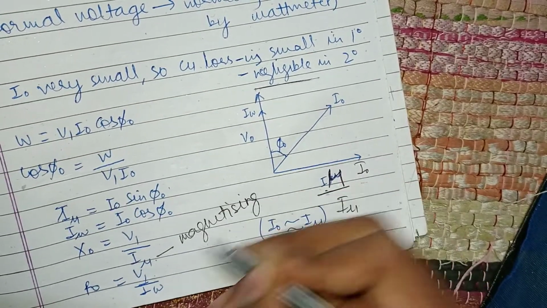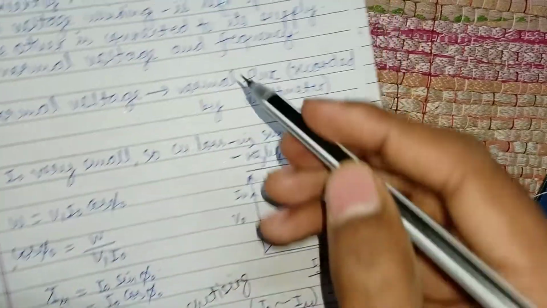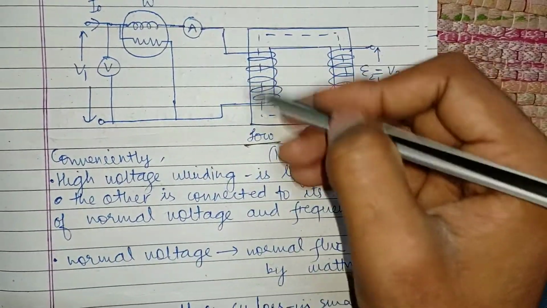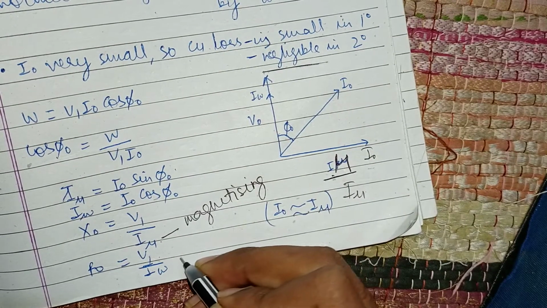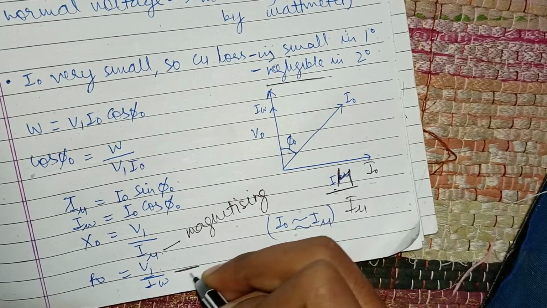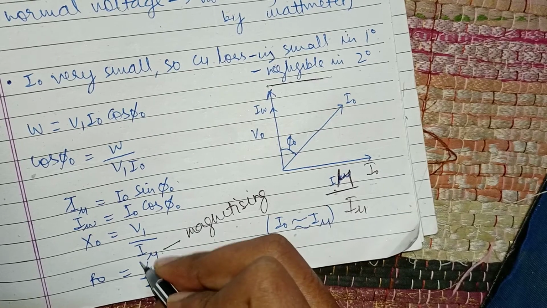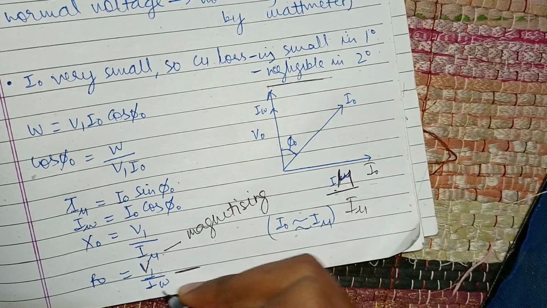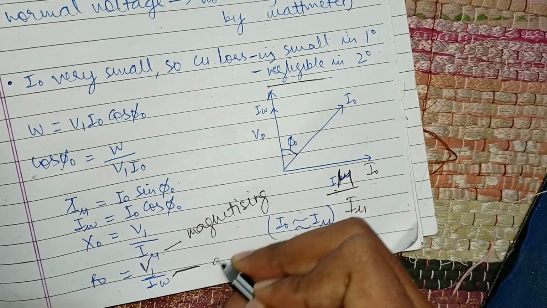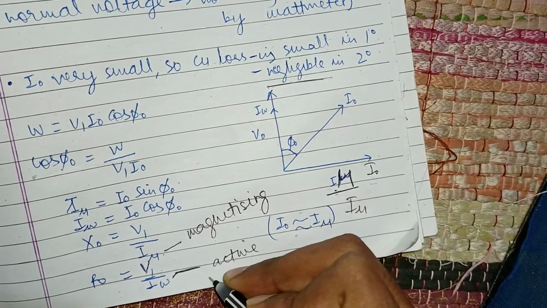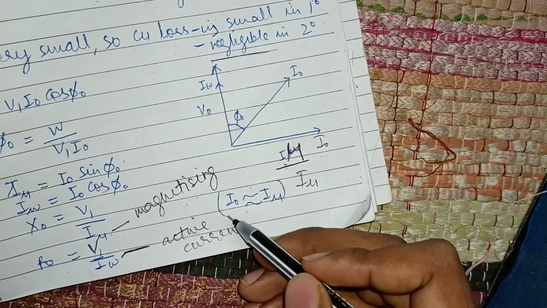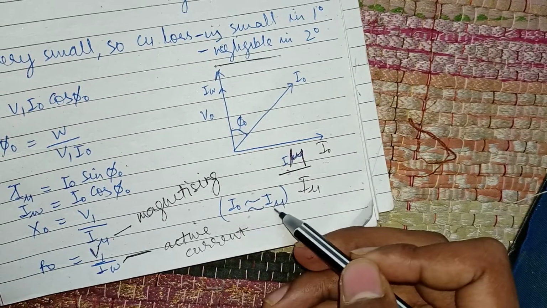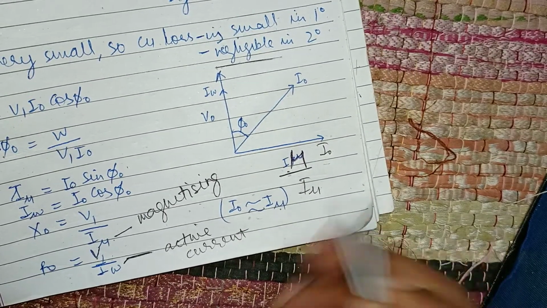And R0 is the resistance, calculated as voltage upon current, where the current is the active current, which is in phase with the voltage. Since I0 is very small, we can take I0 as approximately equal to the magnetizing current.